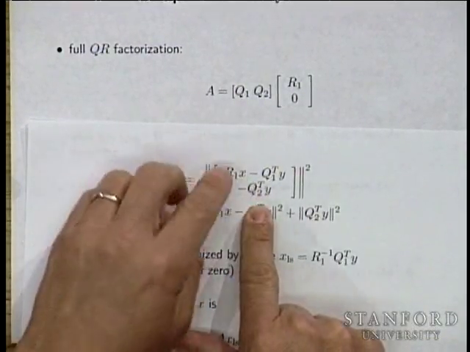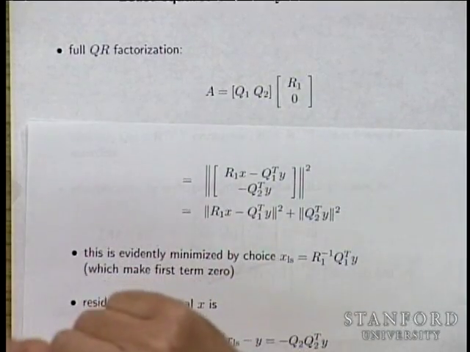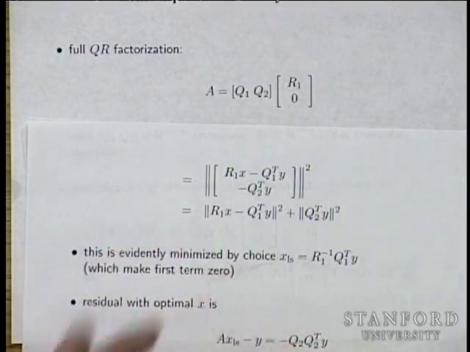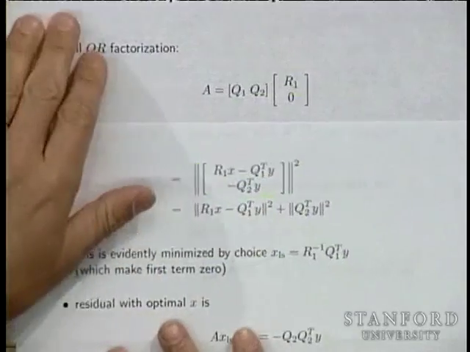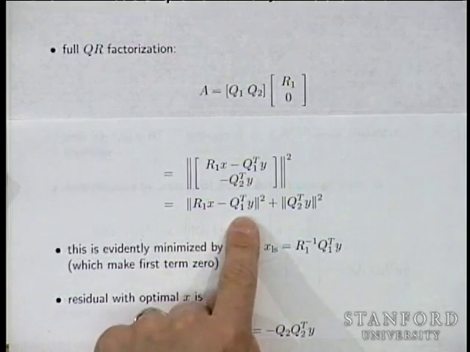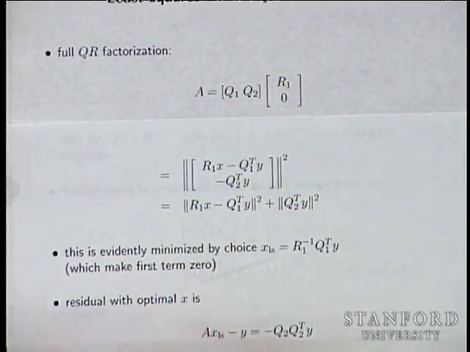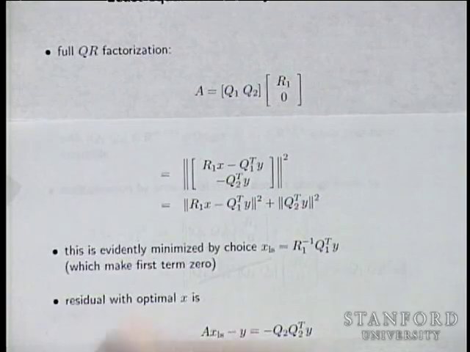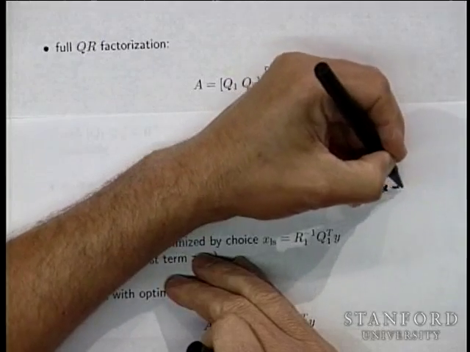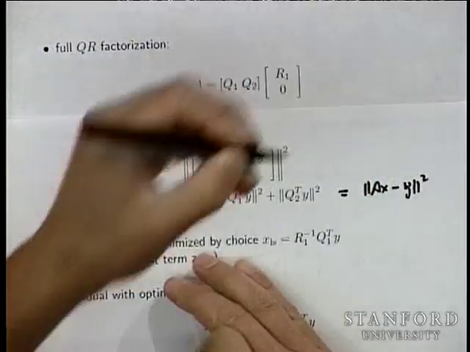But the norm squared of a vector, if you've blocked it out, is the sum of the norm squareds of the blocks. That's what it means. So this is equal to this. Now look at this. Oh, by the way, we haven't solved the problem yet. This is simply a formula for norm AX minus Y squared. That's what it is.